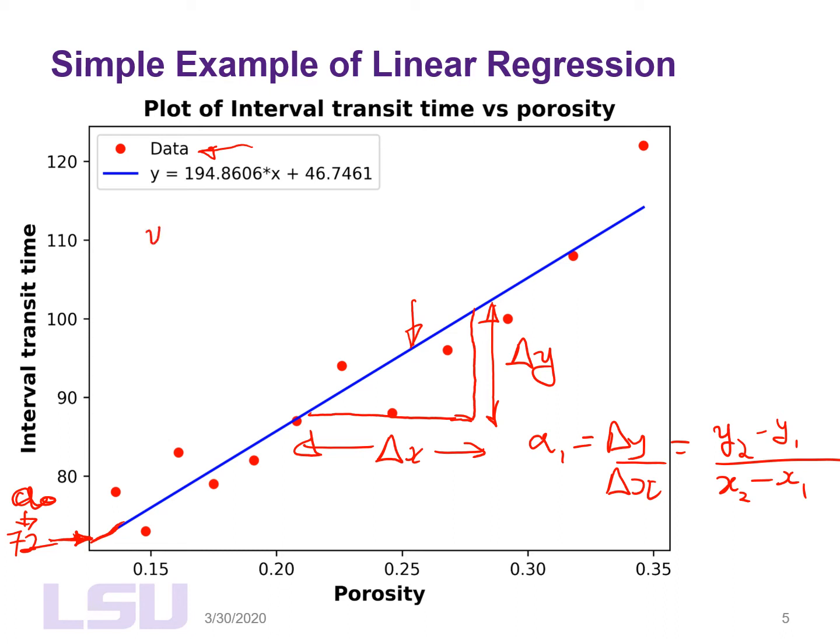And the equation once again is y equals a0 plus a1 x. This is pretty much the same equation you learned in high school as y equals mx plus b, right? So b is a0, the intercept, and m is the slope, which is a1.